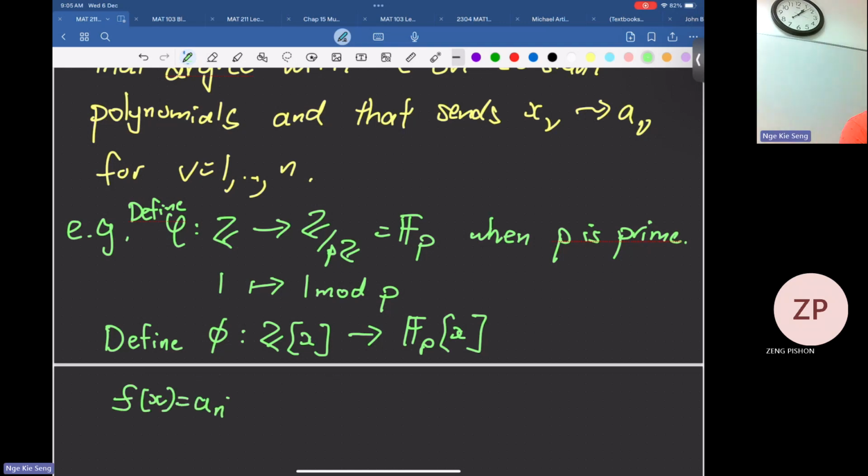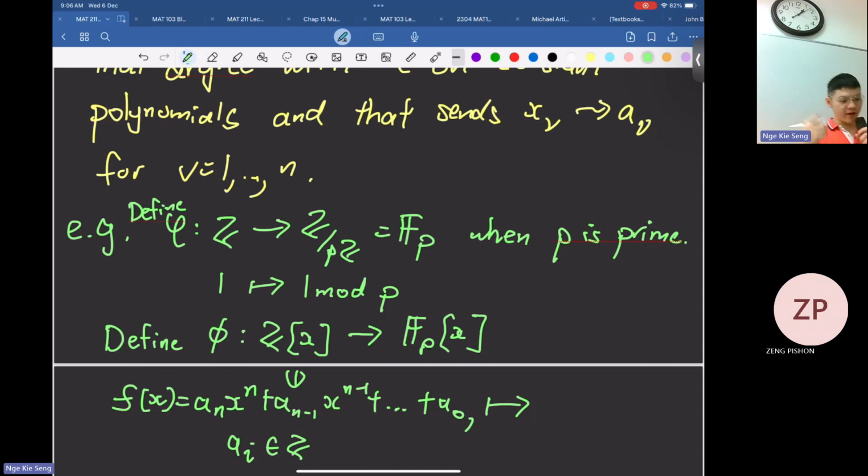We do it step by step. What can I do to this polynomial here? These a_i are in Z, right? And then I have a map from Z to F_p. What can I do to this polynomial here?